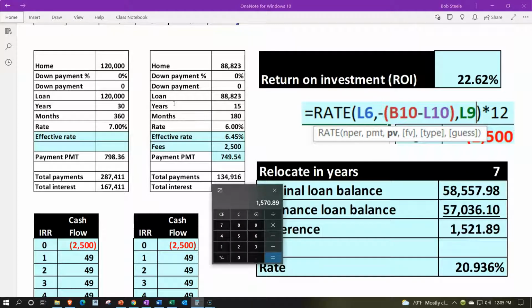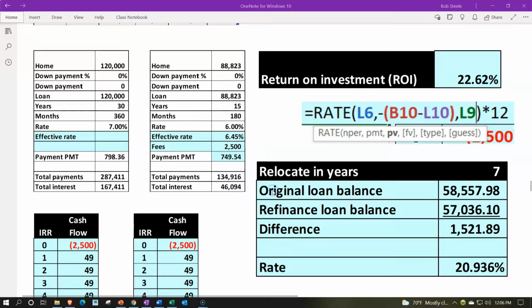And you have the opportunity to refinance, thinking about whether it would be worth refinancing at that point in time, and then taking into consideration the fees that would be involved. You can calculate the payback period. You can calculate the effective rate and try to compare that to your prior rate. And you could do a rate of return type of calculation as well to think a little bit more in depth as to whether or not it'd be a good decision to put your money there or elsewhere.